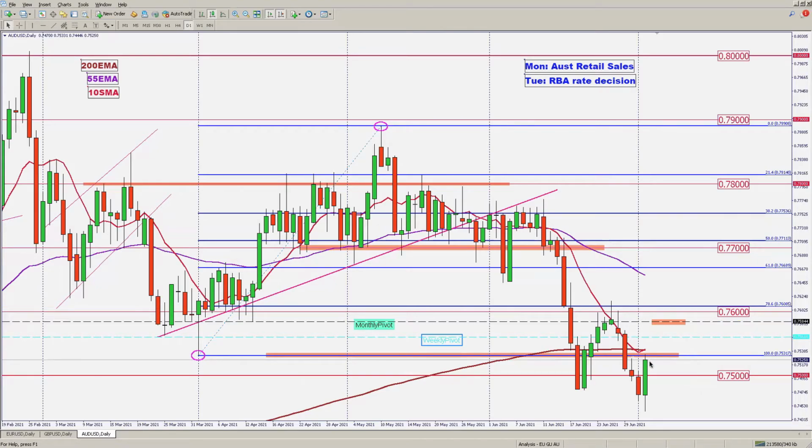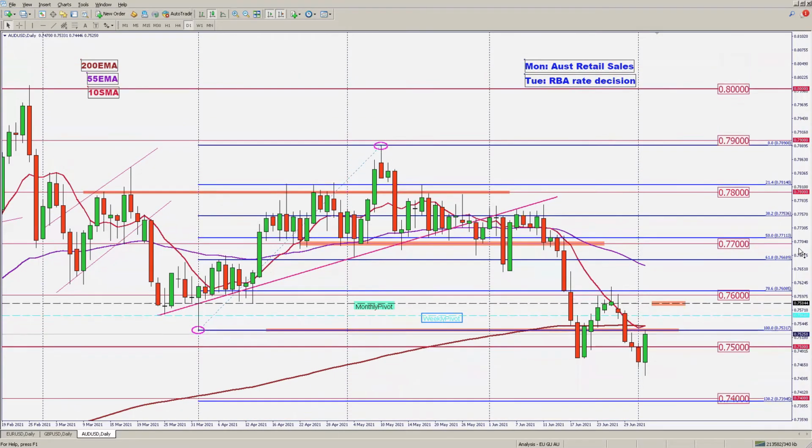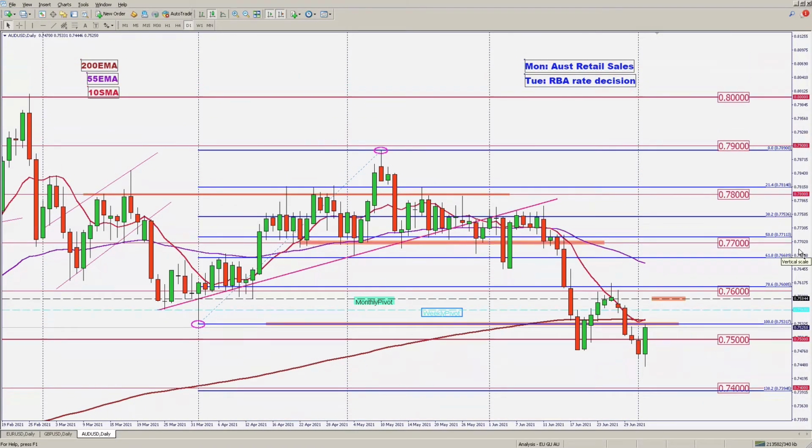If it's going to break through higher for a bit, it's likely going to limit its bounce. But below this, we have the 138 extension right near the 0.74. So that's going to be our support area.